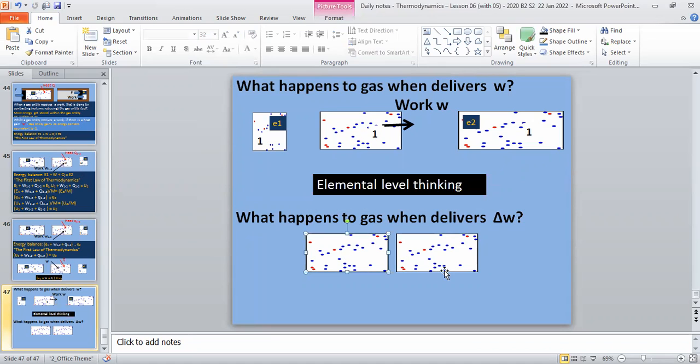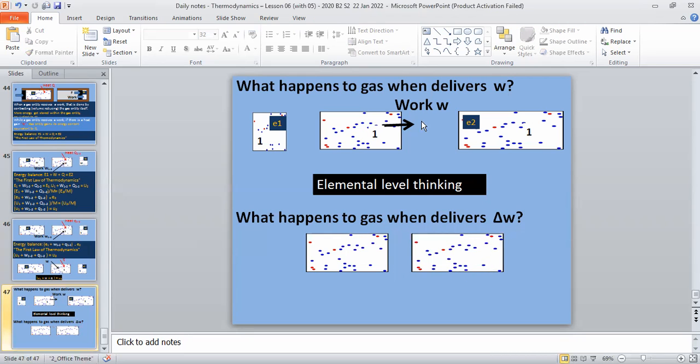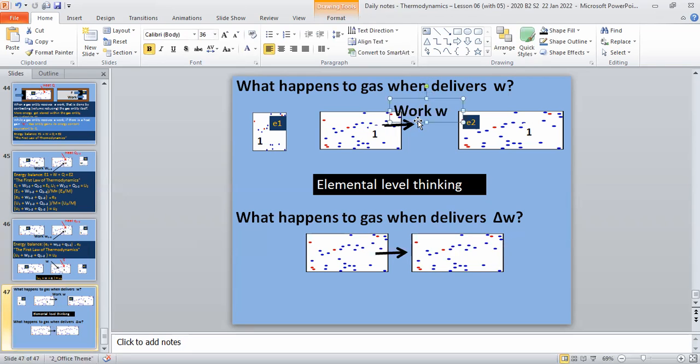So initial here, of course, when this delivers. So this is exactly the same here. Maybe a little increase. A little increase. So there is a work done. Yes. What? Delta W. What delta W?